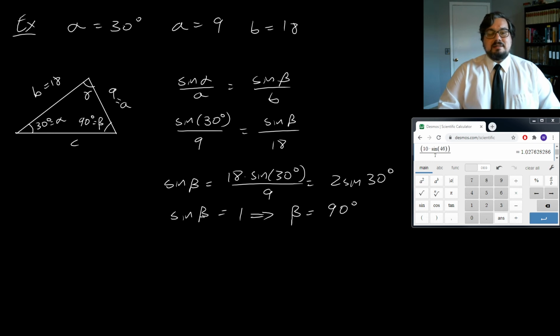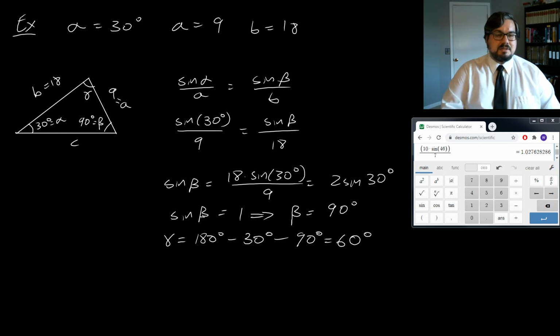Now, once we get that beta is 90 degrees, we can figure out what the other angle is. We can get that gamma is equal to 180 degrees minus 30 degrees minus 90 degrees to give us 60 degrees. So that's what gamma is.